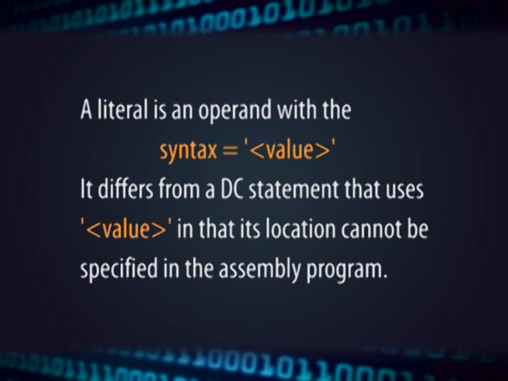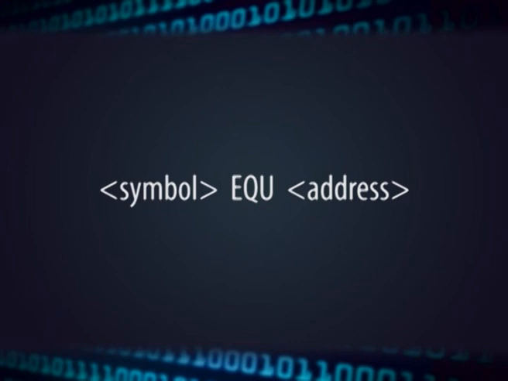A literal is an operand with a syntax equal to value. It differs from the DC statement that uses the value in that its location cannot be specified in the assembly program. Another assembler directive is EQU. The EQU directive has the following syntax. Again, it starts with a symbol followed by EQU followed by an address.